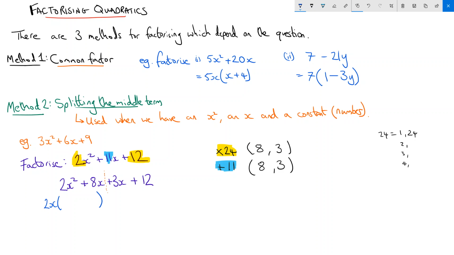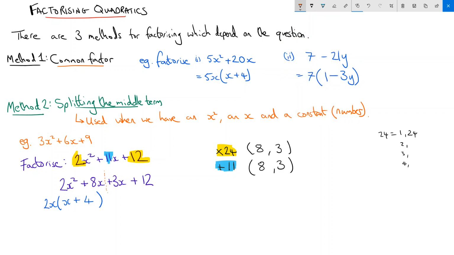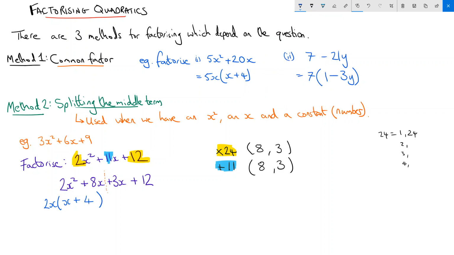So I can take out a common factor. 2x times what is 2x squared? 2x times what is 8? And it's positive. Now when you do that, you take whatever's in the bracket. What's in the bracket? x plus 4, and I'm going to write it down again, because these brackets must be the same.